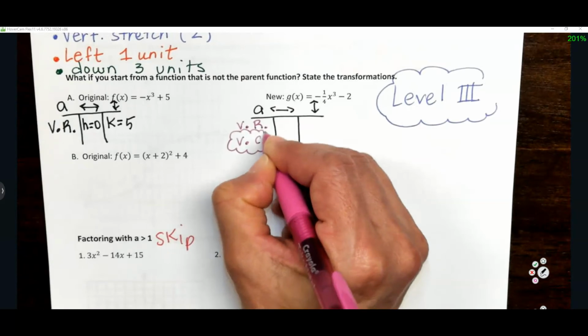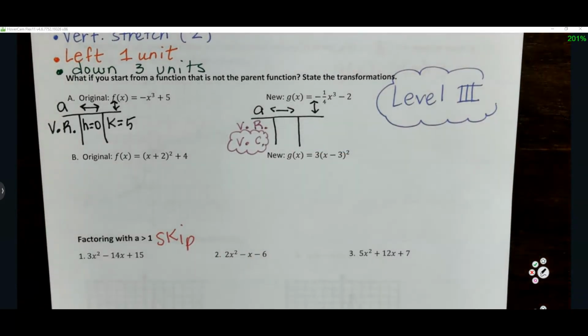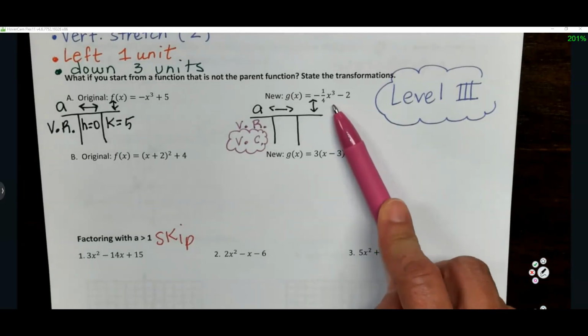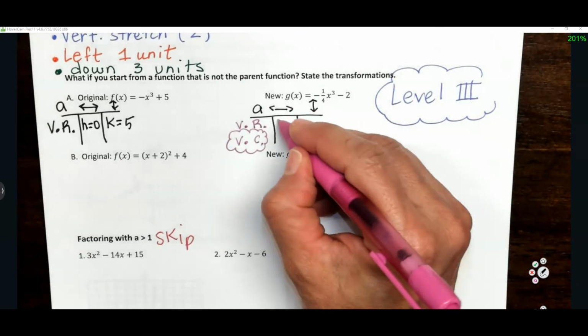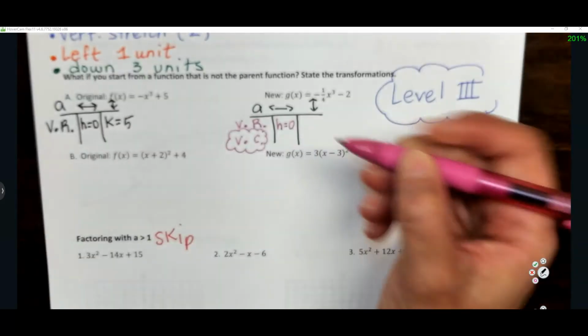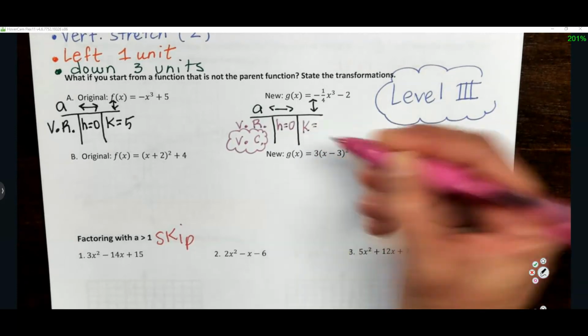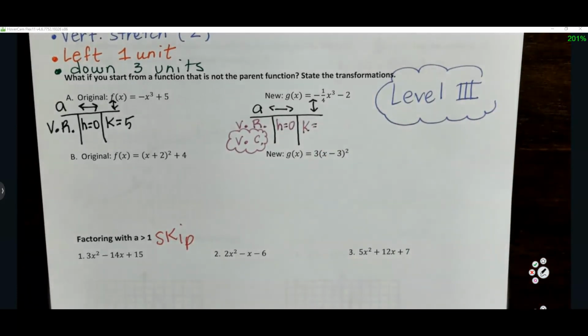And I'm putting a bubble around that because that's new. That's going to be part of my final answer. And then over here, do you have X in parentheses? No. So your H value stays 0. But that K changed. What is the K? -2.